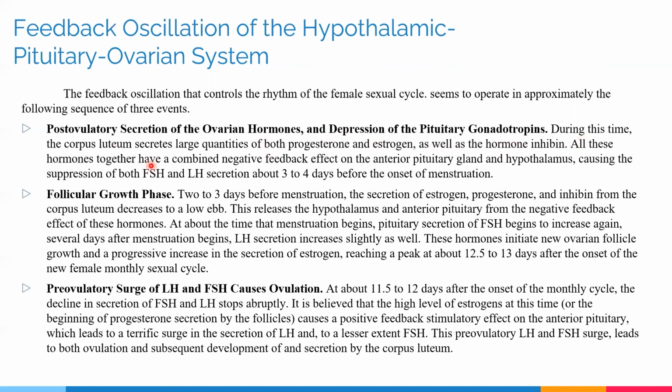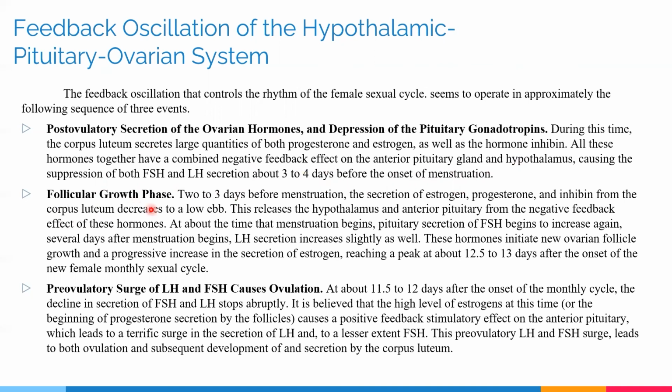During this time, the corpus luteum secretes large quantities of both progesterone and estrogen, as well as the hormone inhibin. All these hormones together have a combined negative feedback effect on the anterior pituitary gland and hypothalamus, causing the suppression of both FSH and LH secretion about 3 to 4 days before the onset of menstruation.